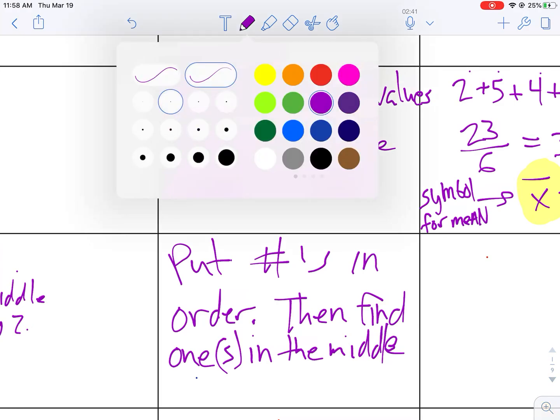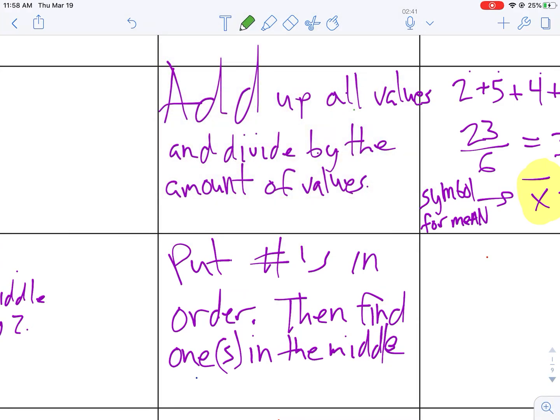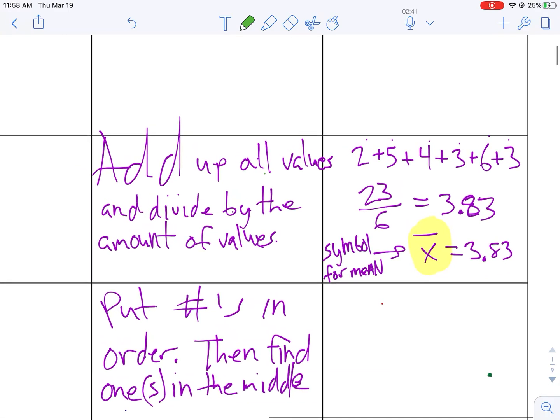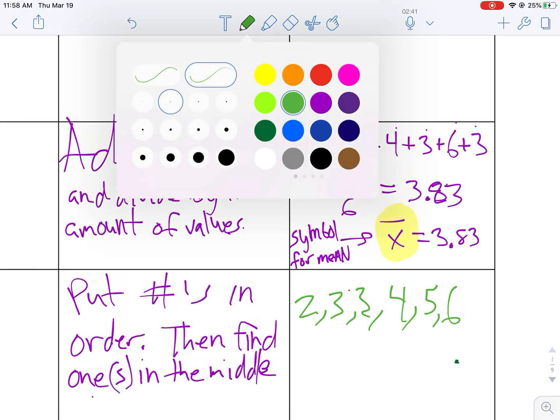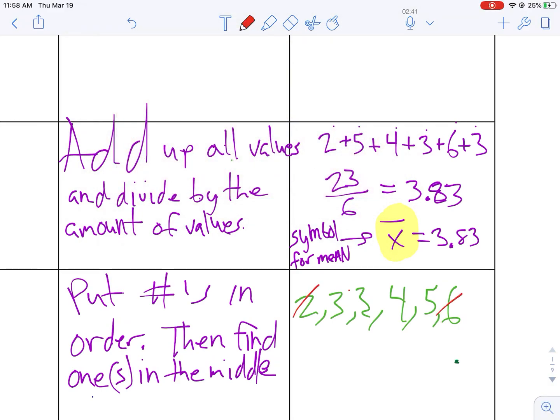With this data set that we have here, that's listed above in the mean box, I'm just going to use that. In order, my first is 2, my next 2 are 3, I have 4, and then 5, and then 6. So I need to start crossing off, heading towards the middle.